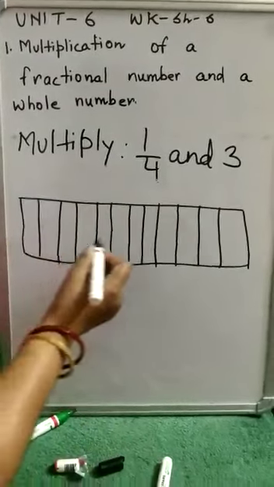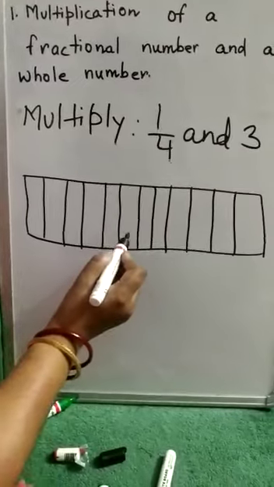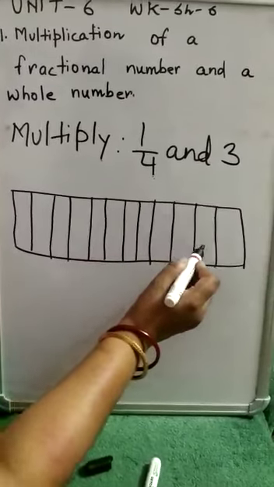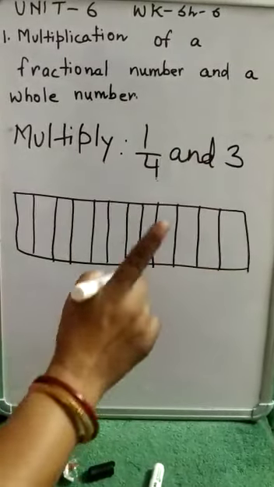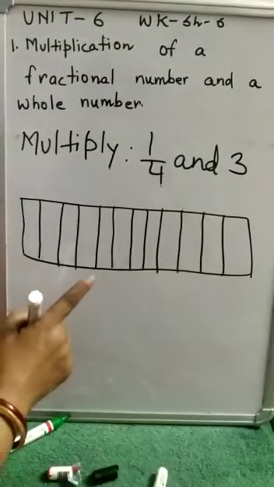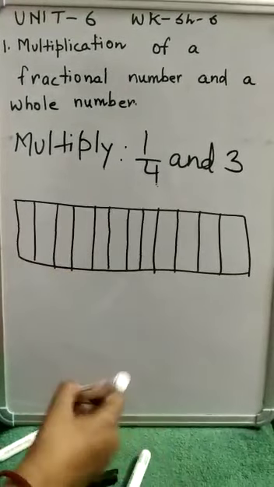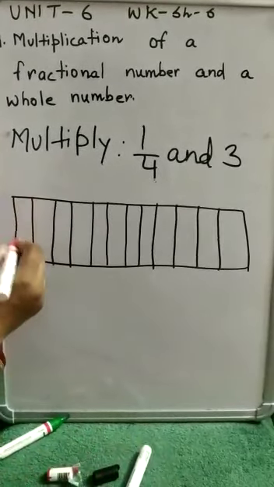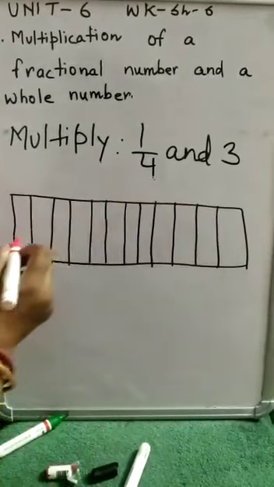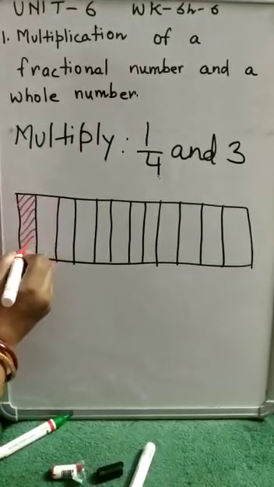So here how many parts are there? Total 12 parts. So 1 by 4 of these 12 parts will be equal to 3 equal parts.